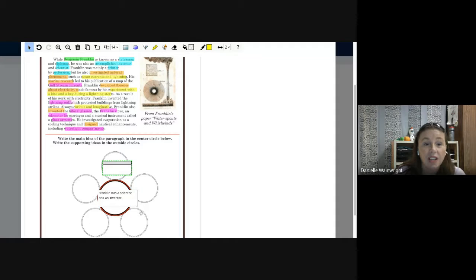So investigated, researched, did marine research, developed theories, invented, and designed. Those are the main things he did. And notice I'm doing the things in orange. I'm doing all the things that my awesome teacher put in orange.